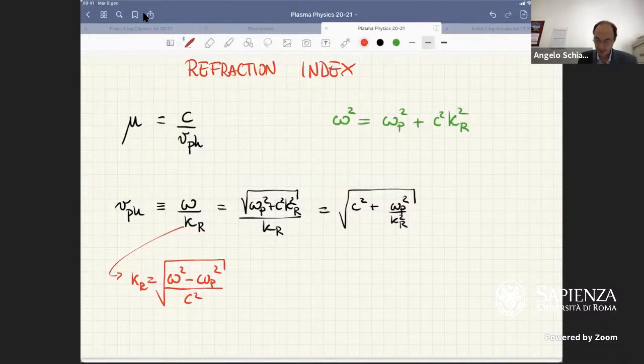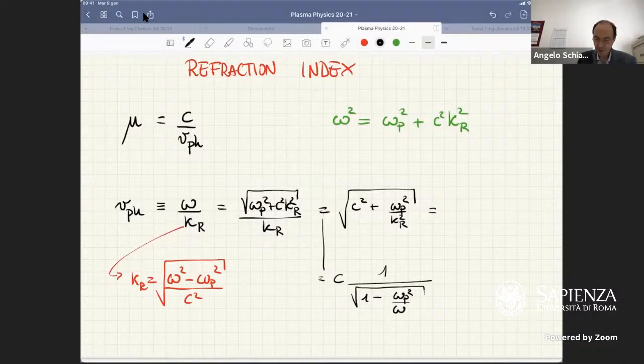So we can plug k_R inside our relation, factor out a c squared, and this becomes c over the square root of 1 minus omega p squared divided by omega squared.